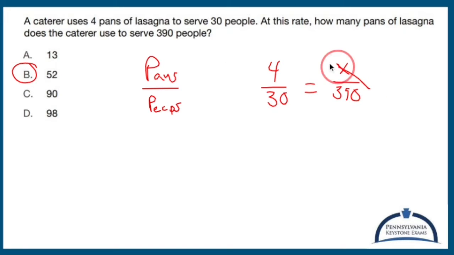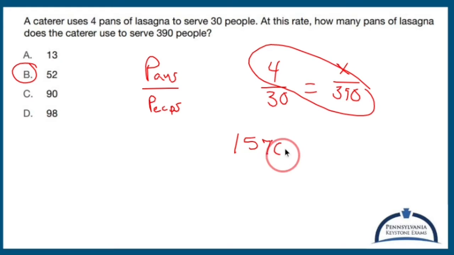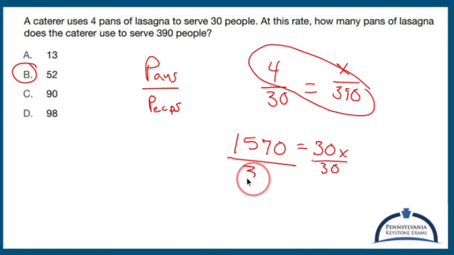Or you could just do this, which becomes 1,570, I believe, equals 30x, divide by 30, divide by 30. That was actually 1,560. I knew something wasn't right there.